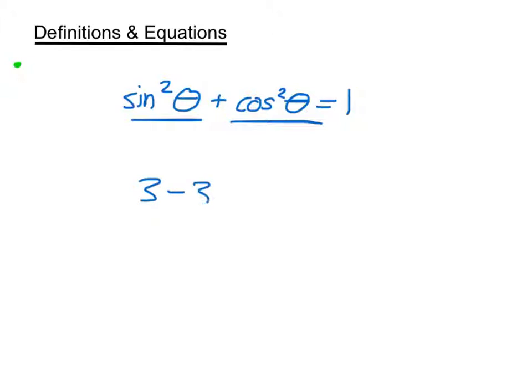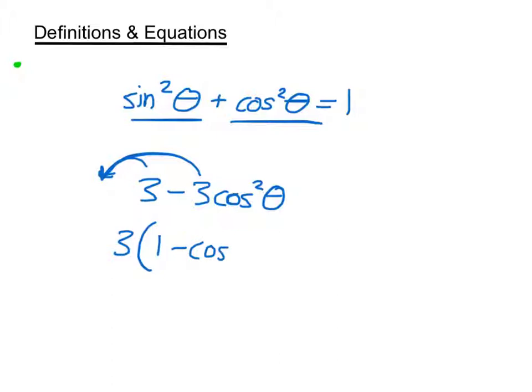If I have 3 minus 3 cosine squared theta, I can factor out the 3's. Remember, the first step in factoring is always trying to find a common factor. Well, I have a common factor of 3 here, so I take 3 to the outside, and I'm left with 1 minus cosine squared theta. Now, you might think we're done, but take a look at our trig identity here.